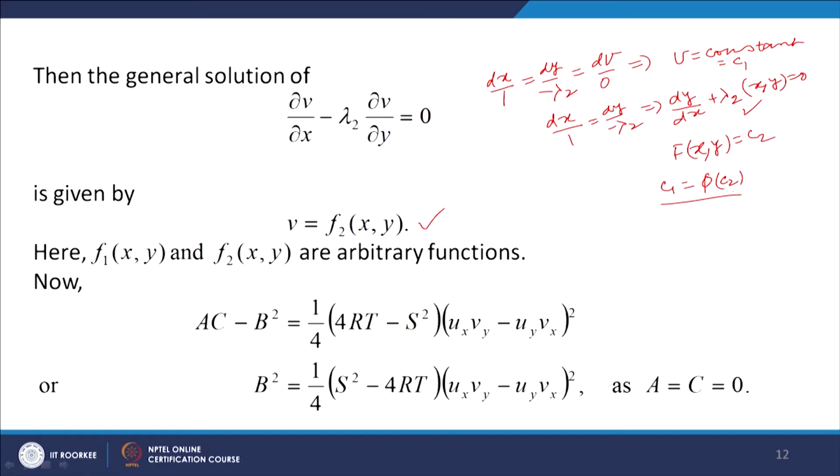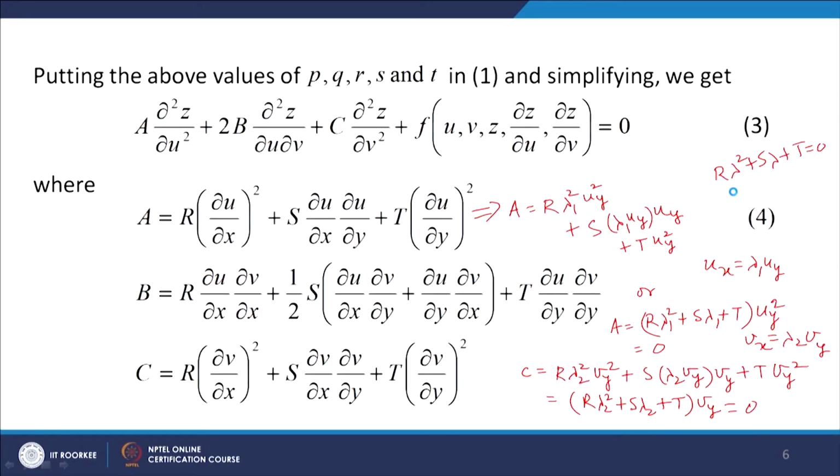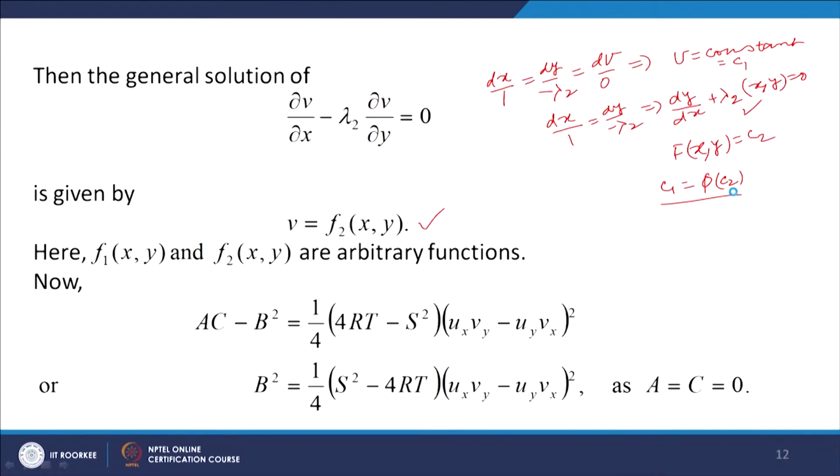Now, let us see this AC minus b square. We have the expressions of a, b and c. So, from the expressions of a, b and c, when you find this expression AC minus b square, you can easily prove that AC minus b square is 1 over 4 times 4 RT minus s square into (ux by minus uy bx) whole square.